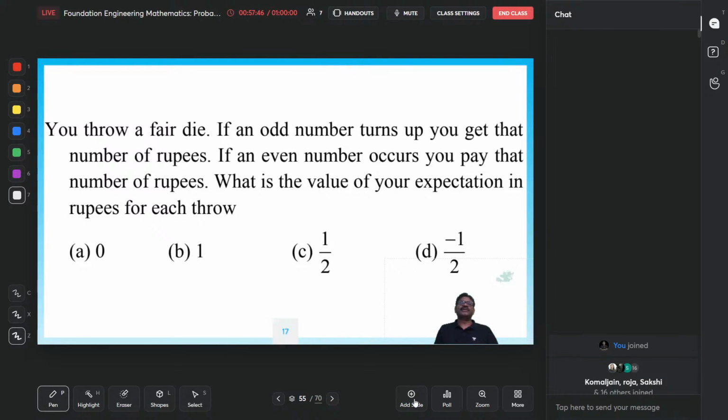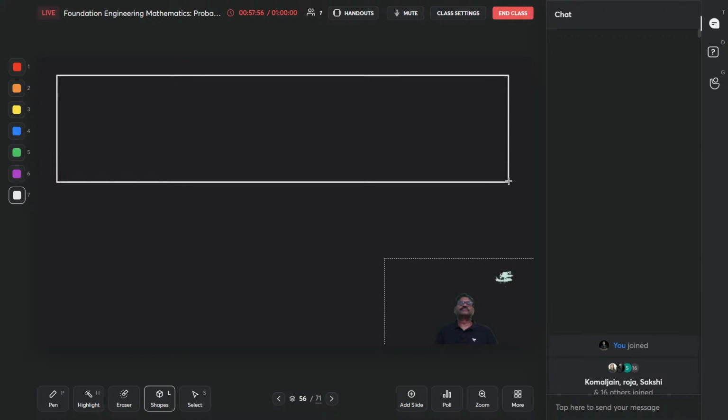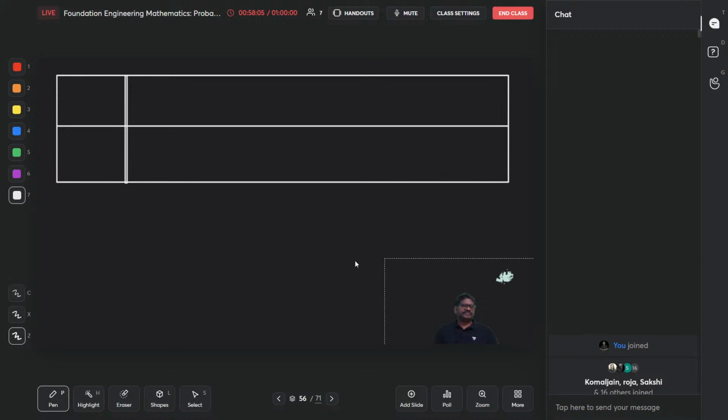So you have to calculate expected gain or expected loss.